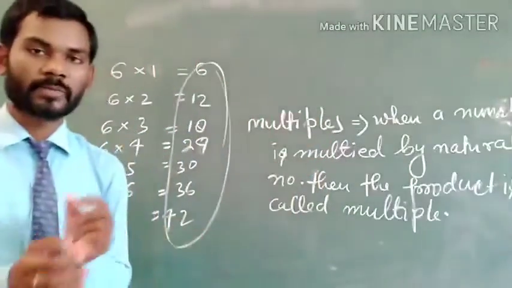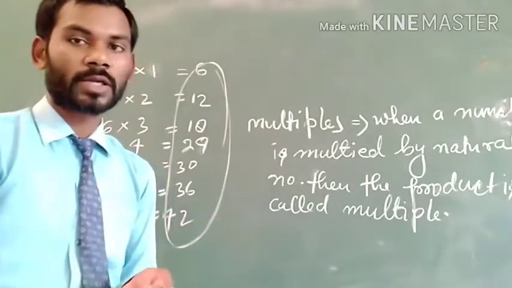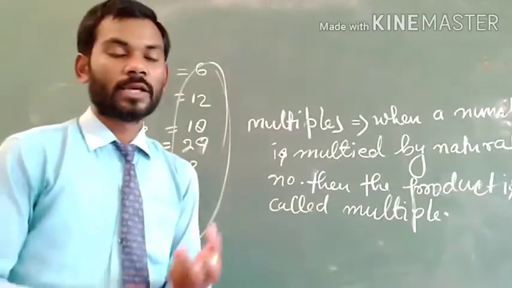When a number is multiplied with some natural number, the product is known as a multiple.